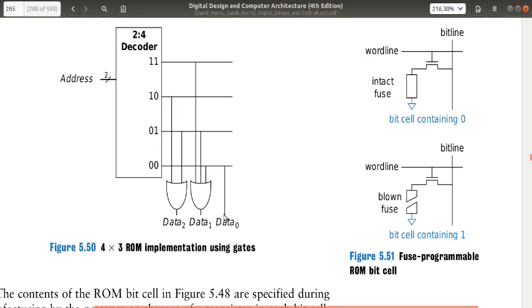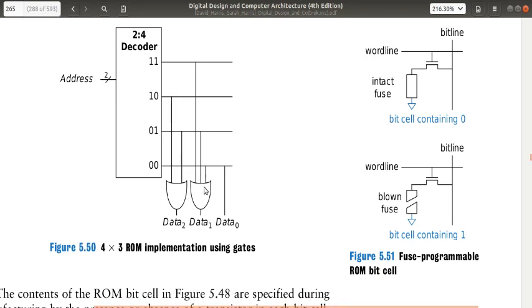It is not at all connected here, so it is 0. Then what happens if the selected line is this one? 1 or 0 is 1, 1 or 0 or 0 is 1, then nothing is connected here, so 0. So this is how you implement a ROM using logic gates. This also can be done.